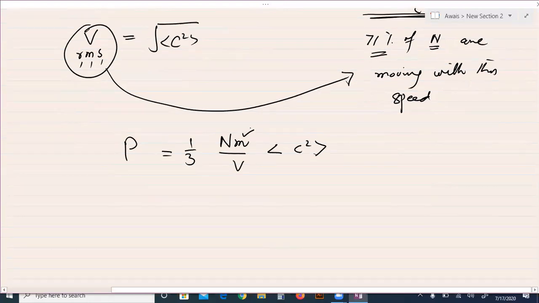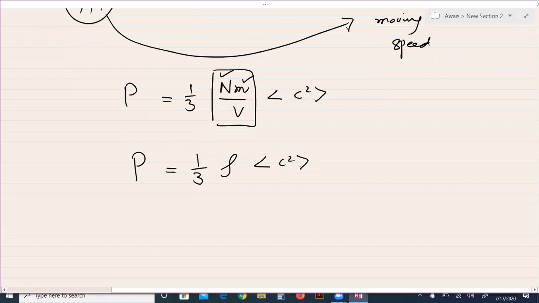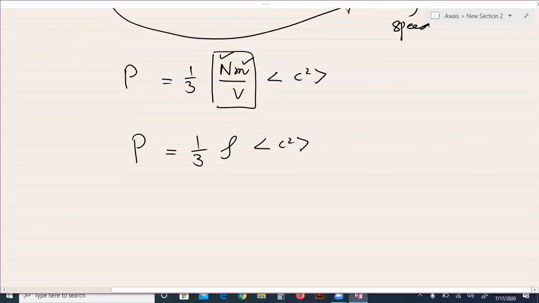This m is the mass of one molecule, so Nm is the total mass of the gas. So this is the total mass divided by the total volume of the gas. So we can write 1 by 3 density of the gas into mean square speed. So Nm over V is the density.